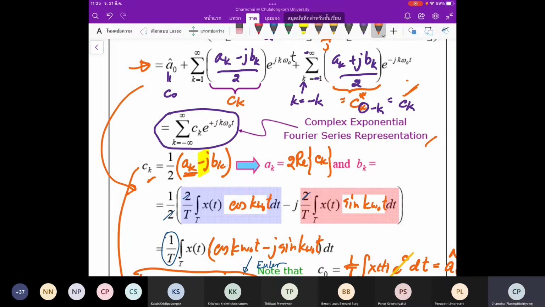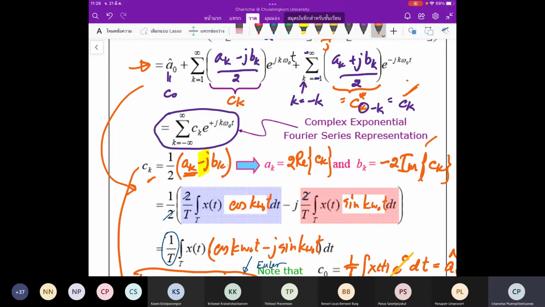The real part of CK is 1/2 AK, so AK is twice the real part of CK. And how about BK? BK would be negative 2 times the imaginary part of CK, right?